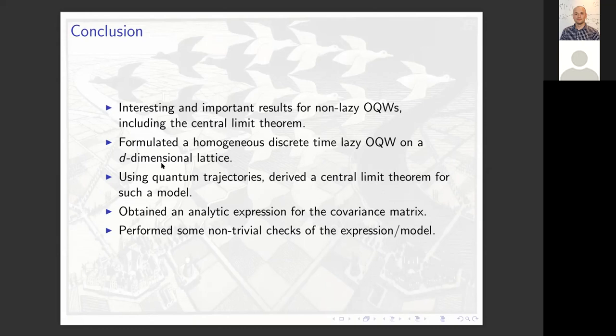We wrote that formalism down, and then using the quantum trajectories formalism, we were able to derive the central limit theorem for such a model. Then we obtained some analytic expressions, notably for the covariance matrix. And lastly, we performed some non-trivial checks of our expression and model. So that was basically a summary of what we've been doing.